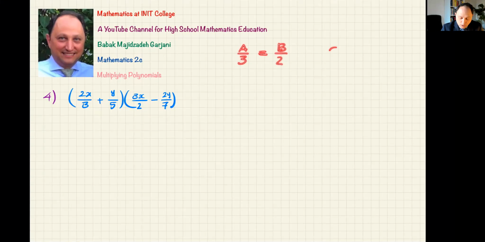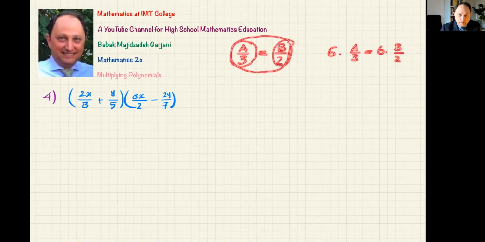I am multiplying both sides by 6. Why is this valid? If you tell me that these two quantities are the same, it is clear that 6 times this quantity should also be 6 times this quantity. So this is the logic behind this.